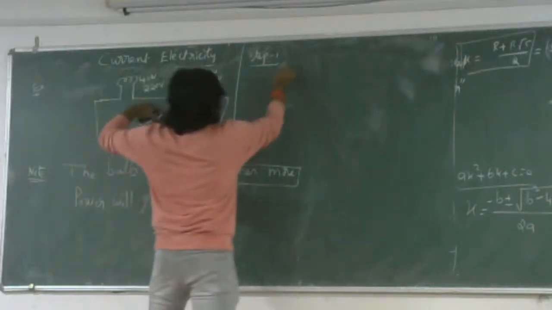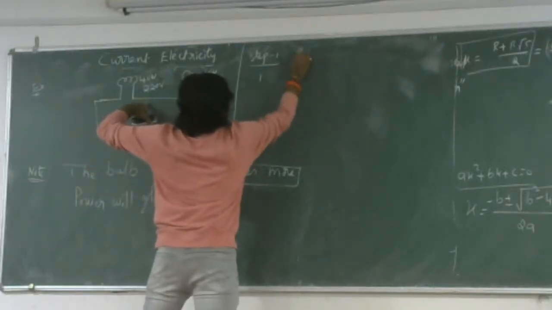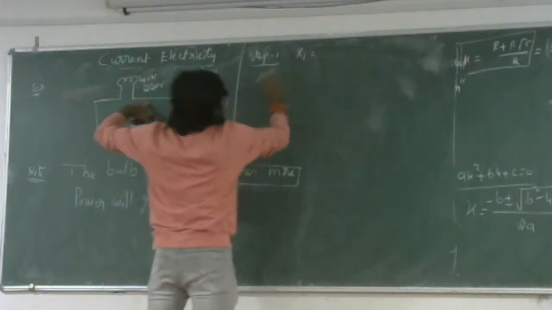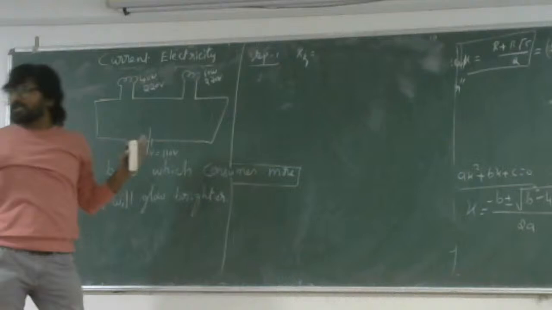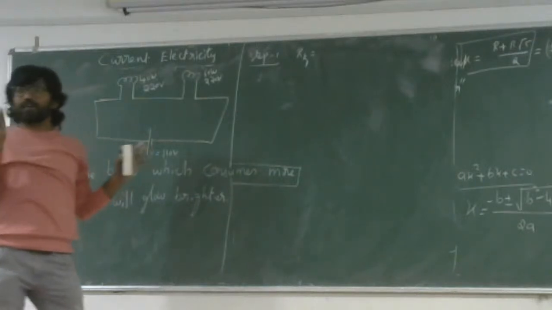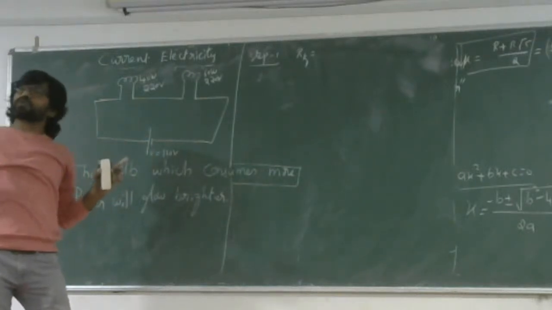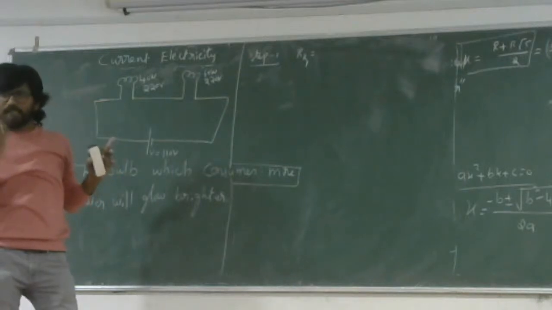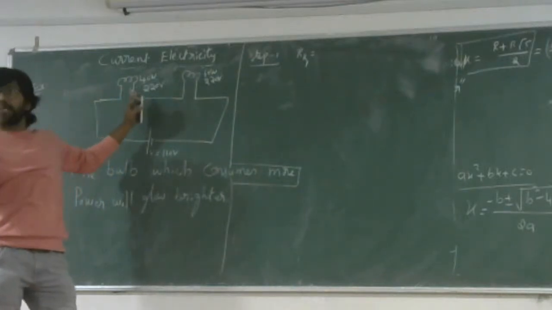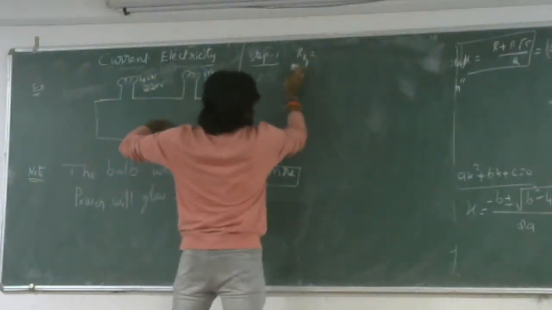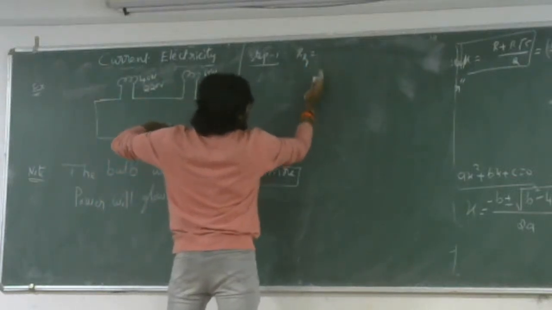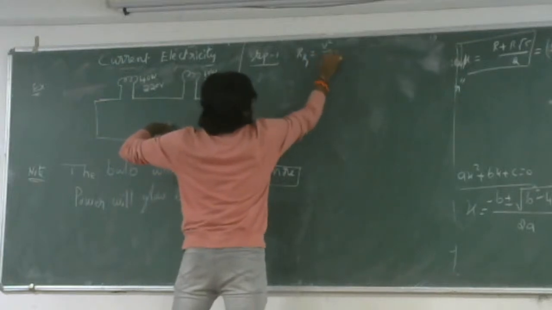So the resistance of the first bulb, R1, is nothing but its rated resistance. To find the rated resistance, you have to use rated parameters only, that means rated power and rated voltage. P is equal to V square by R, so R is equal to V square by P.